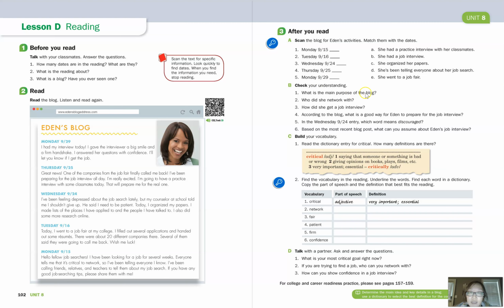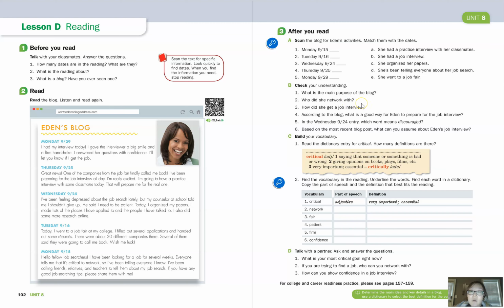Check your understanding. Now, this section is very academic, so we are going to practice making longer sentences and practice using evidence from the text and also restating the question. So, for example, number 1, what is the main purpose of the blog?